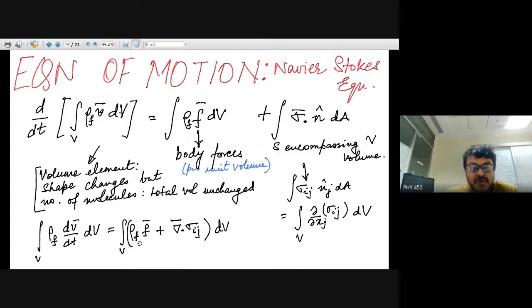This is the body force term, and now you have the divergence of sigma ij, and sigma ij is a tensor. I should have added a double line here, but anyway, the ij will remind you that this is a tensor, and this equation holds for any volume element.